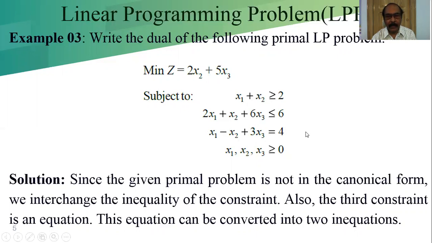Because we know if any constraint holds the equality sign, the corresponding dual variable will be unrestricted in sign. If any variable in the primal is unrestricted in sign, the corresponding constraint will hold the equality sign. Due to that, keep in mind, we should choose the variables like that.